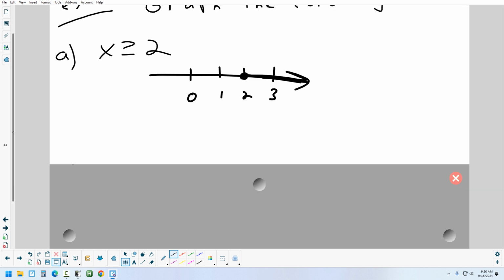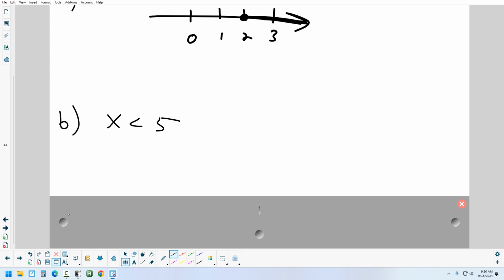All right, let's try this one. X is less than 5. All right, how about Megan? Can you tell me how I graph this one? What's the point of 5?